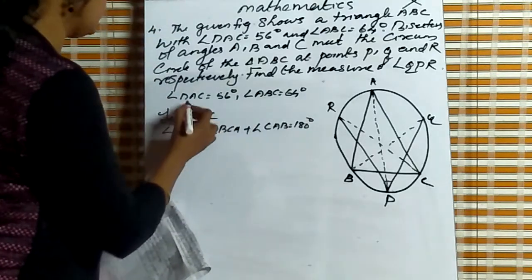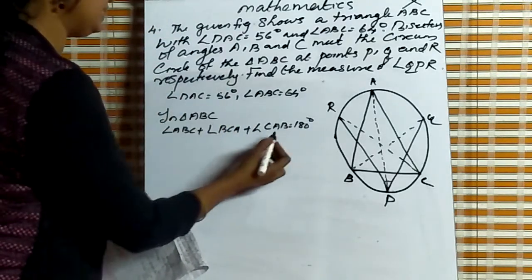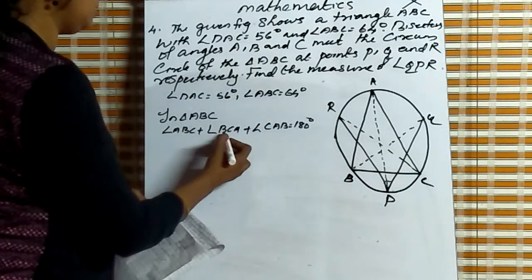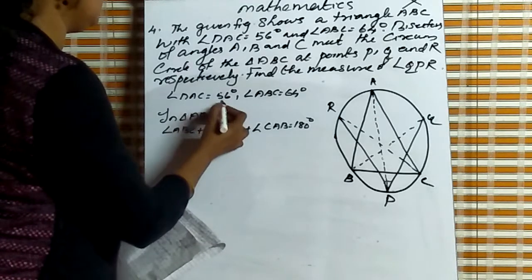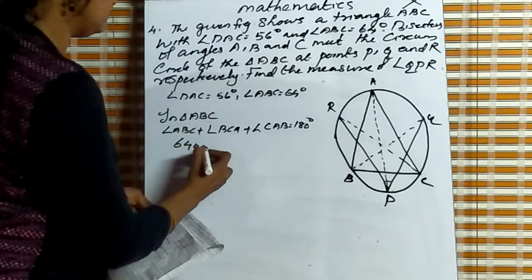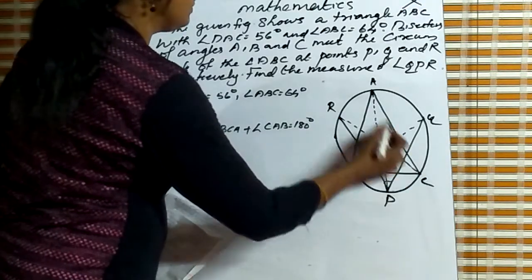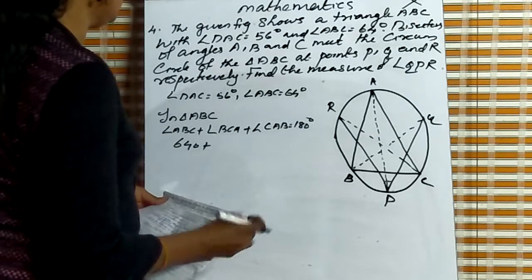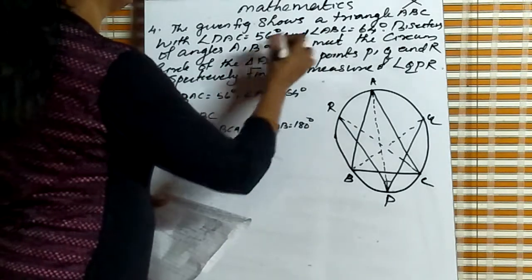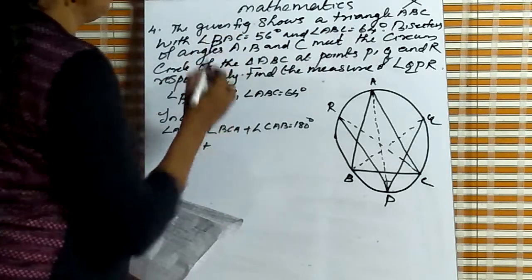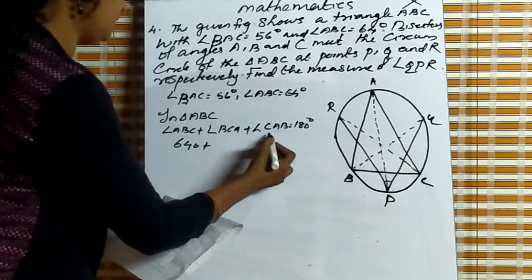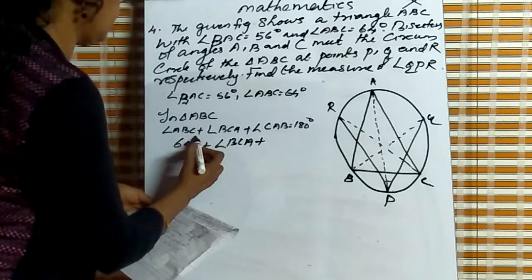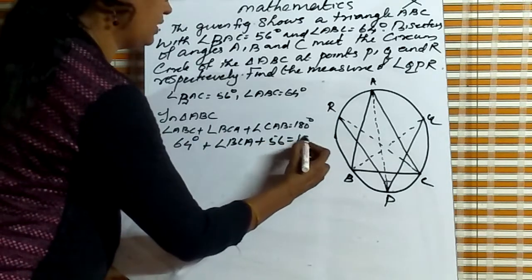ABC is 64, BAC is 56. 64 plus angle BCA plus 56 is equal to 180 degree.